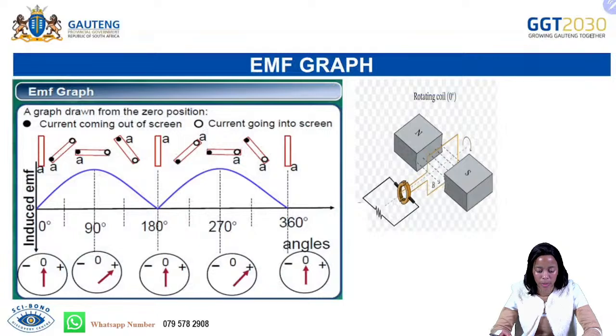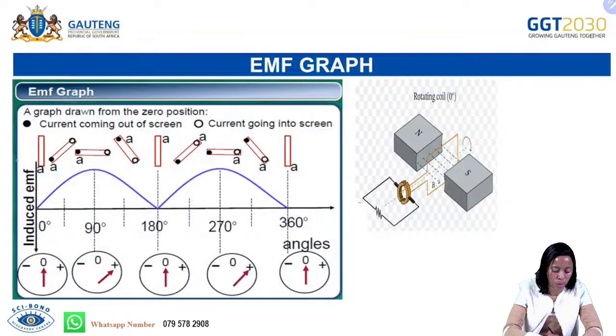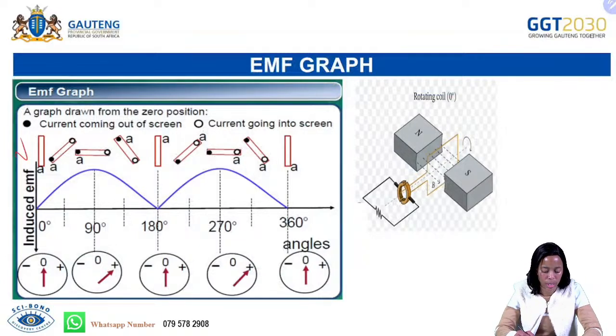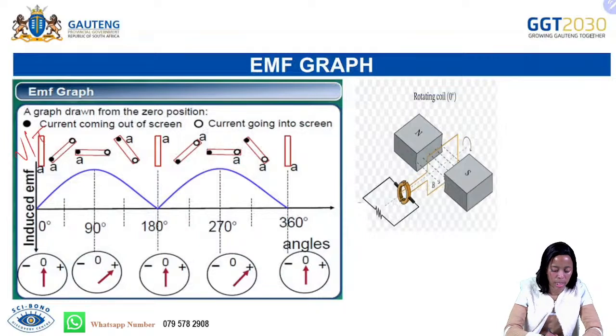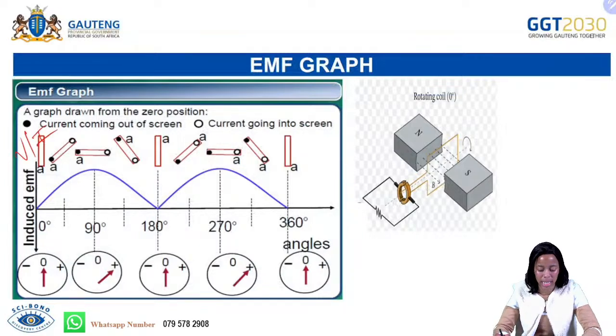Then we have the EMF graph, or the induced EMF, or the voltage. We can also talk about the voltage as well as the current that is produced. Okay.